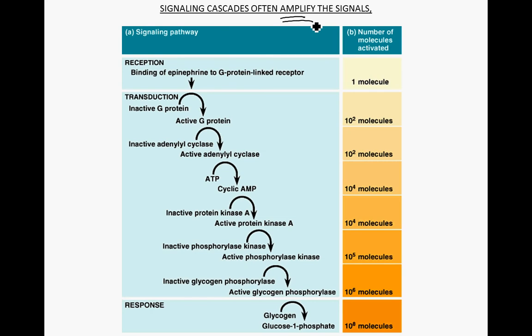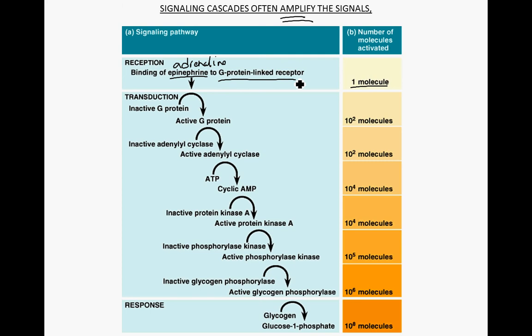signal. So you have a very low relative concentration over here. So one molecule of epinephrine, also known as adrenaline, binding to a G protein-linked receptor will trigger this phosphorylation cascade.